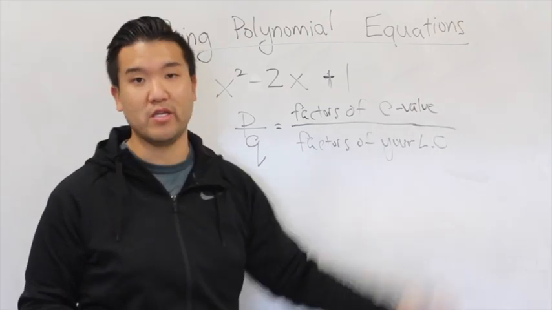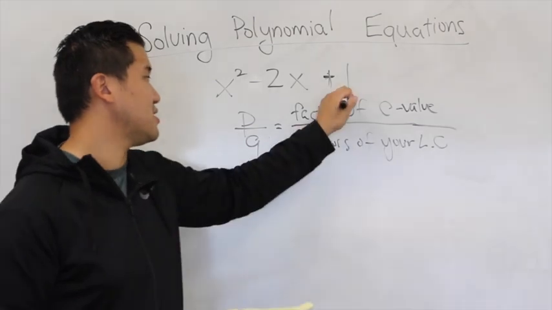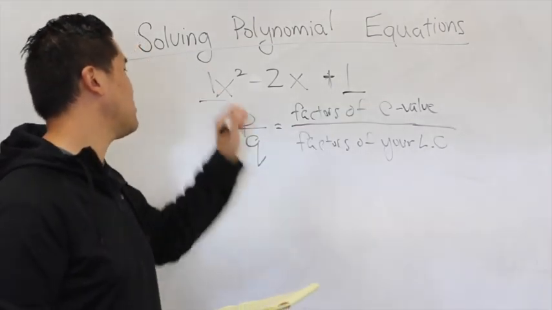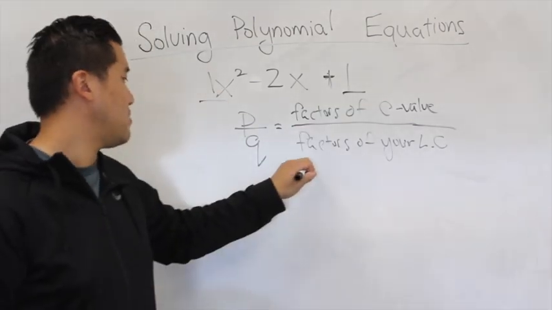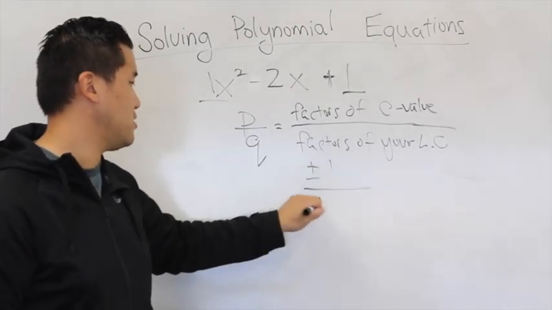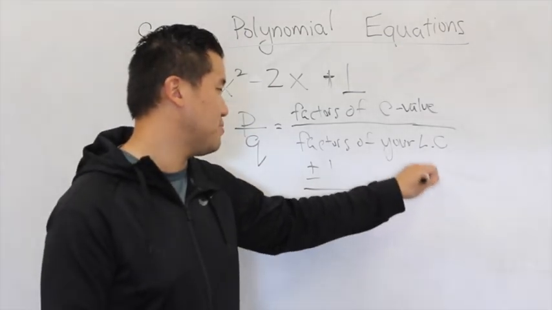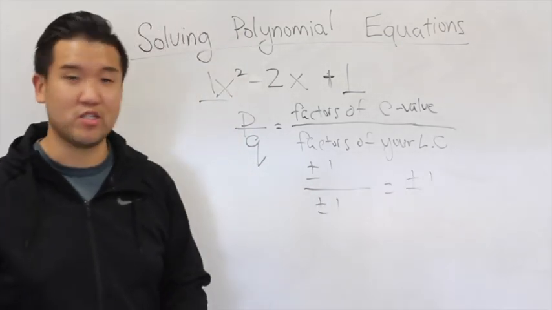In this case, that's my C value, and this is my leading coefficient. So my options are plus or minus 1 divided by factors of your leading coefficient, just plus or minus 1. Fairly simple. When you divide these, your only possible zeros are plus or minus 1.